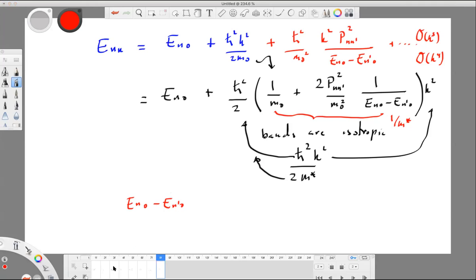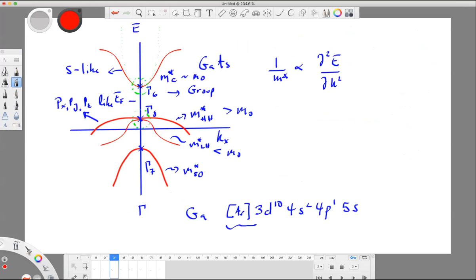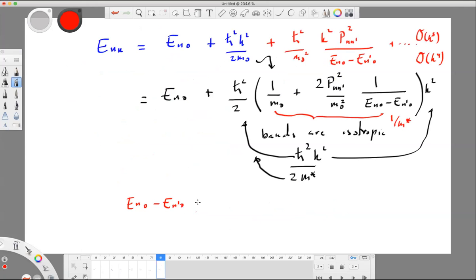So what is this expression? It is the difference between these two points. This is the band n, and this is the band n prime. So this difference is going to be the gap. Okay, so that's very easy.